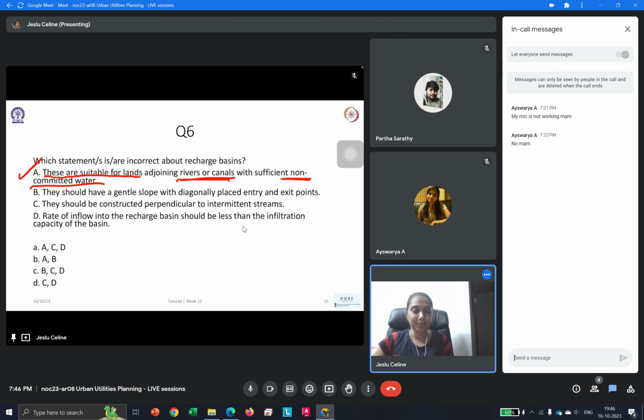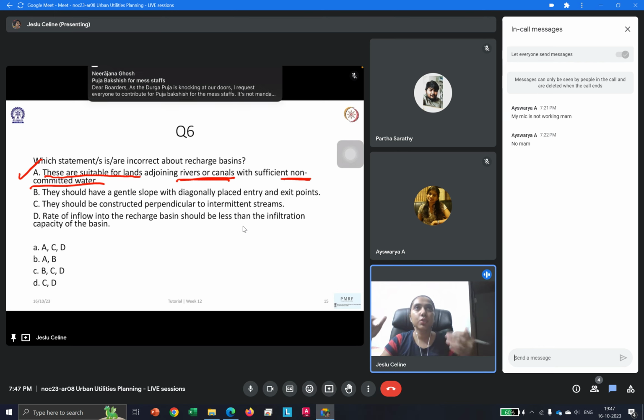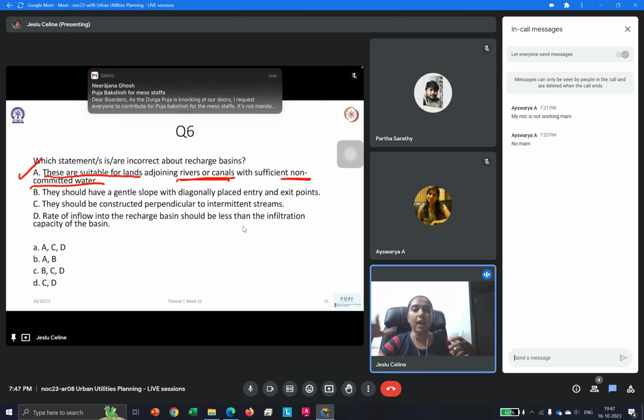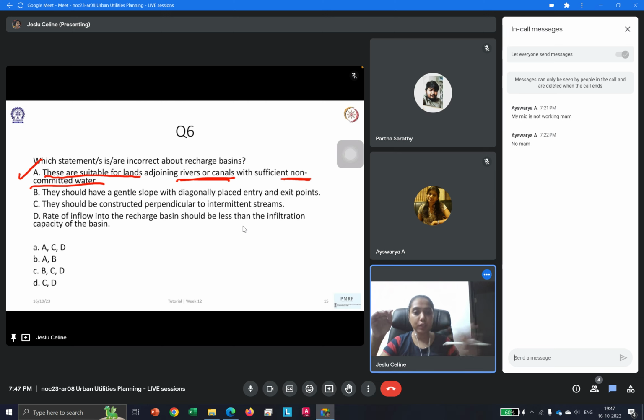Non-committed water. Water from the rivers is usually assigned for particular tasks. For instance, water from this particular river will be purified and then sent to the residential buildings in this region, or it will be sent to this industry. So usually water is committed in that way, where you're assigning the water to a certain use.